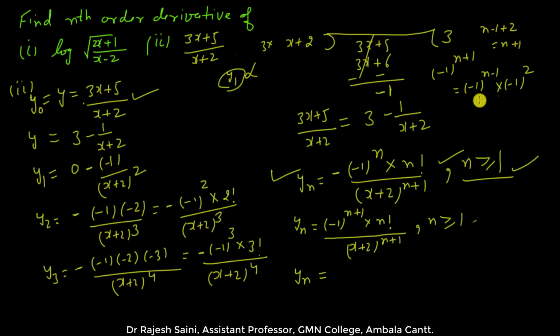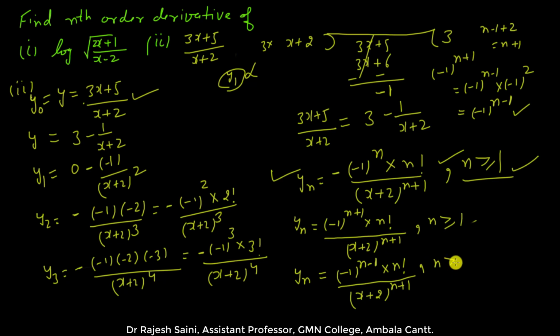So minus 1 squared is 1. So this will be minus 1 raised to the power n minus 1 into n factorial divided by (x plus 2) raised to the power n plus 1.